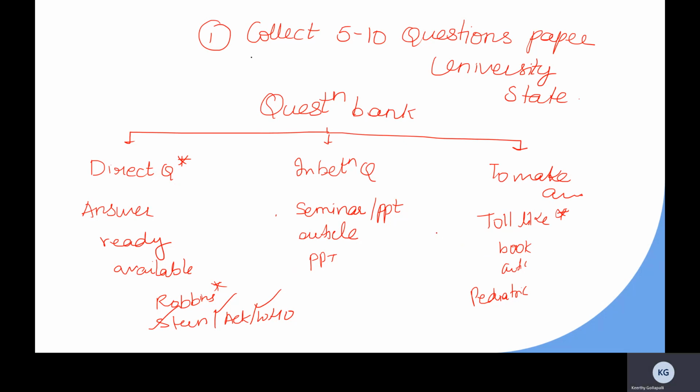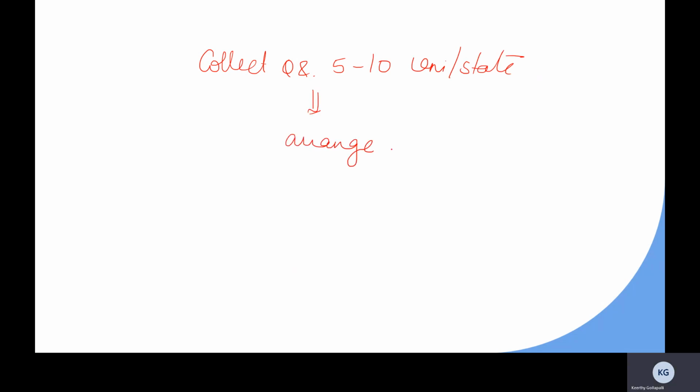Got it? So my advice is what? Step number 1, what you'll do first, collect the question papers of the last 5 to 10 years of your university or your state. Then arrange them chapter wise. Arrange them what? Chapter wise.